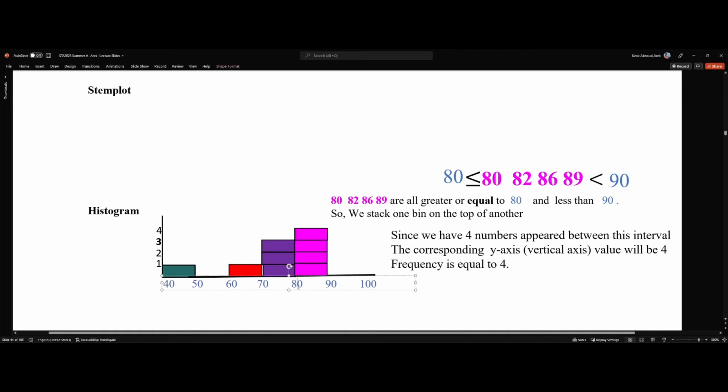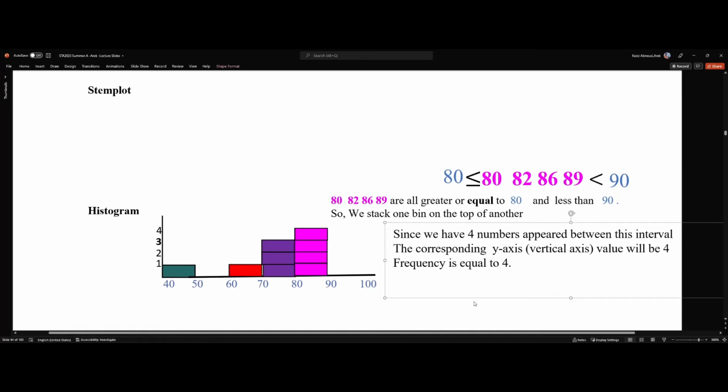So when a number is larger than or equal to 80, we put it inside that interval. So we are all greater than or equal to 80 and less than 90. And we have 4 numbers, so we have 4 stacked on top of each other. That's why the frequency is 4.